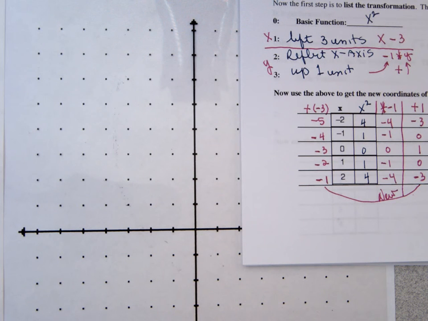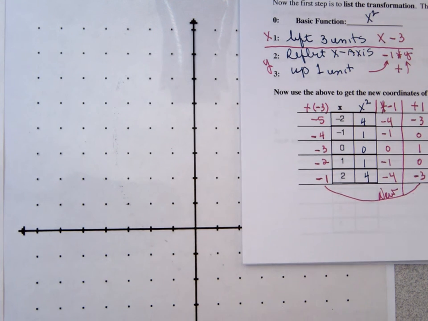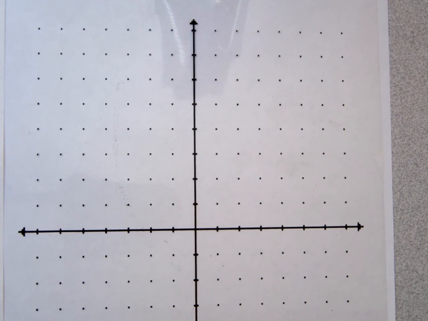This is negative 4, 0. Negative 4, 1, 2, 3, 4, 0. This is negative 3, 1. Negative 2, 0. We've got symmetry. Negative 1, negative 3. There he is, under the new coordinate system.